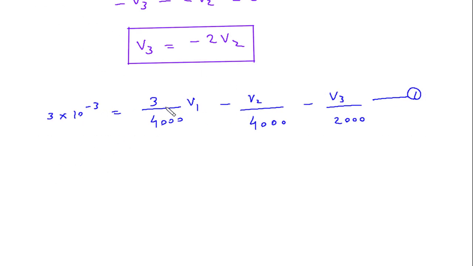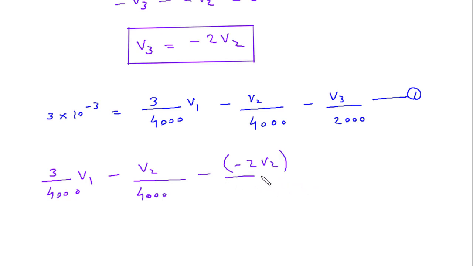So this will be 3 by 4000 V1 minus V2 by 4000 minus, this V3 is replaced by minus 2 V2, by 2000, is equal to 3 into 10 raised to minus 3.